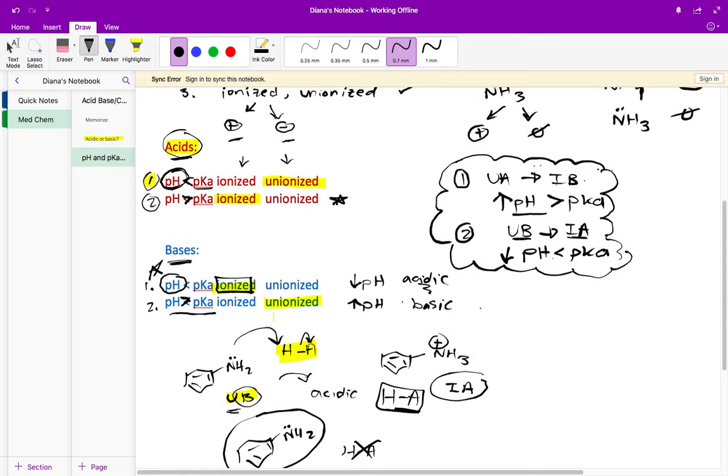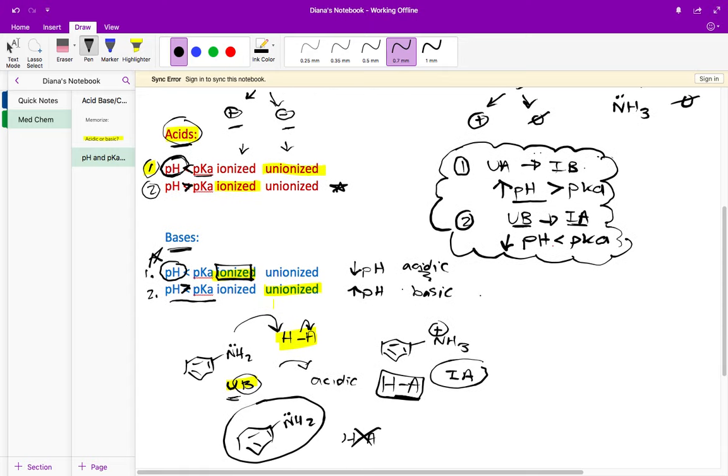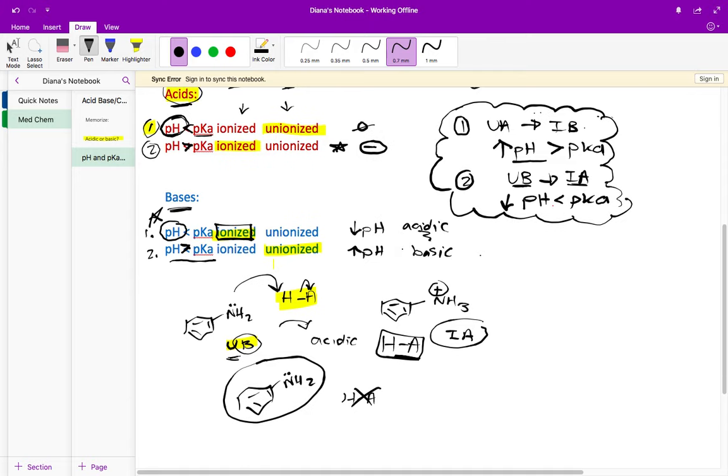So to add on to this summary, an acid can either be unionized, so it's going to have no charge, or it's going to be ionized with a negative charge when it loses a proton. A base is either going to be ionized with a positive charge when you put it in an acidic environment, or it's going to be unionized with no charge when you put it in a basic environment.